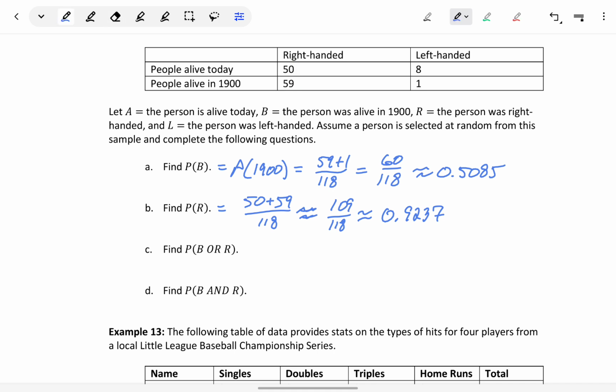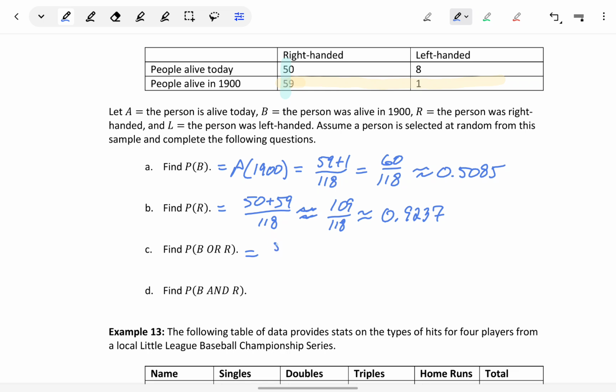In part C, we want the probability that someone was either B, alive in 1900, or right-handed. Looking back at the table, we can identify everyone who was alive in 1900, and we can identify people who were right-handed, and we see that we have some overlap between those two regions. We want to make sure we're only counting each collection of people once.